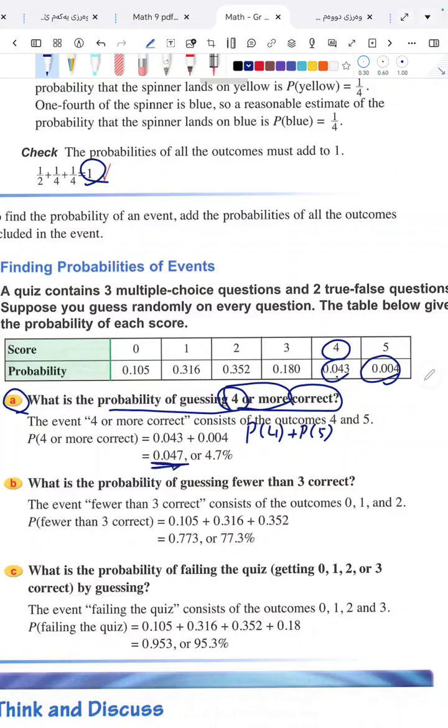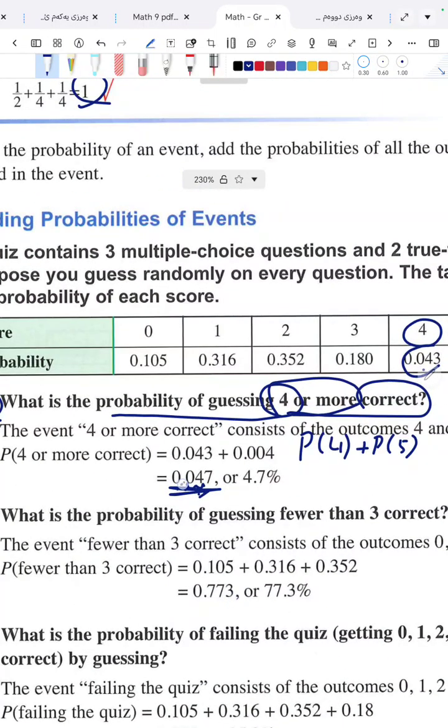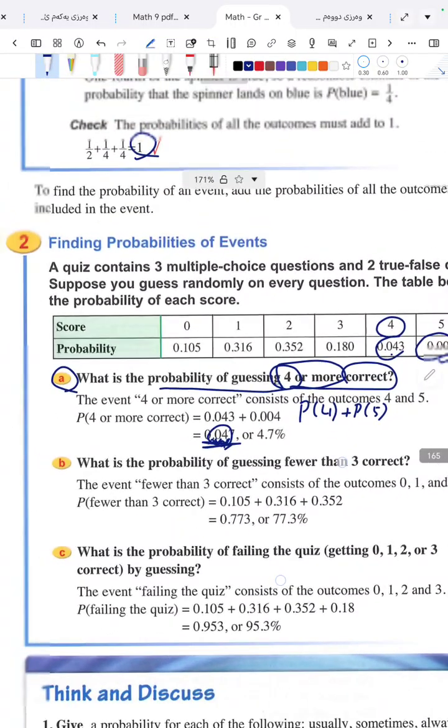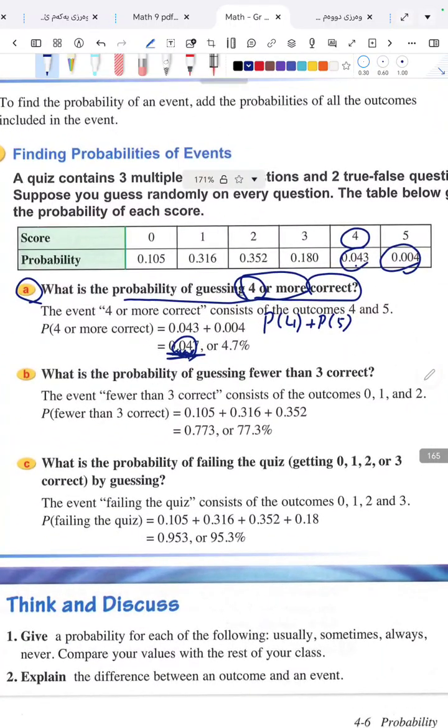As a percent, you have to multiply it by 100, so move 2 digits to the right. Then it will be 4.7%.